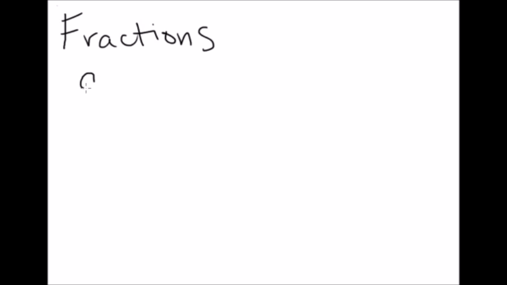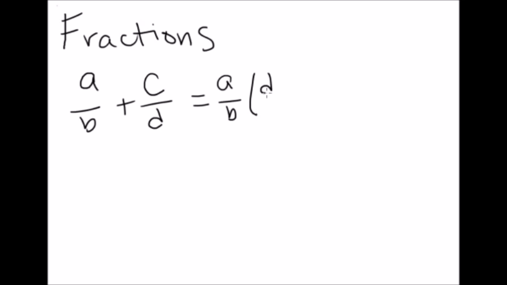So you can imagine that when you have a fraction that does not have the same denominator, you have to deal with that. So you can't add fractions until you have forced them to have the same denominator. The way that we typically do that is by multiplying each fraction by 1.